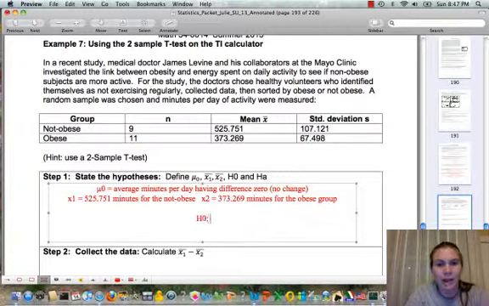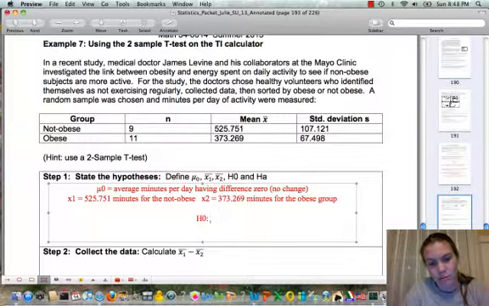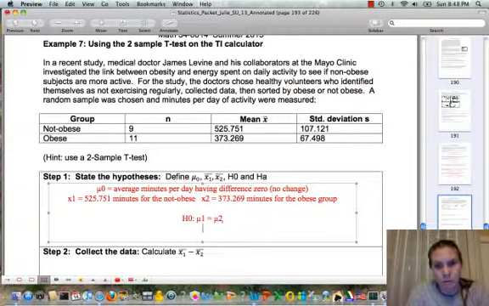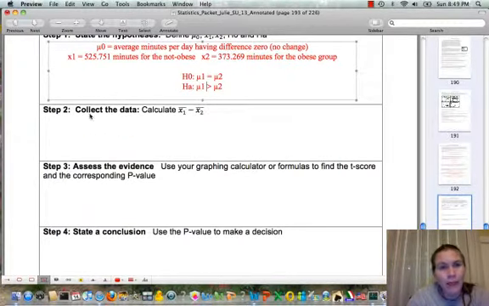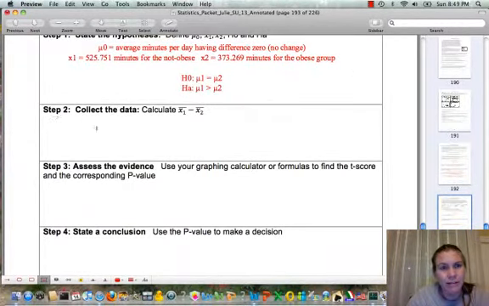And so then we want to say H sub 0, our null hypothesis, is going to be that mean 1 equals mean 2, that there is no difference. Our alternative hypothesis is going to be that mean 1 is greater than mean 2. So now we can calculate the difference in the sample values.